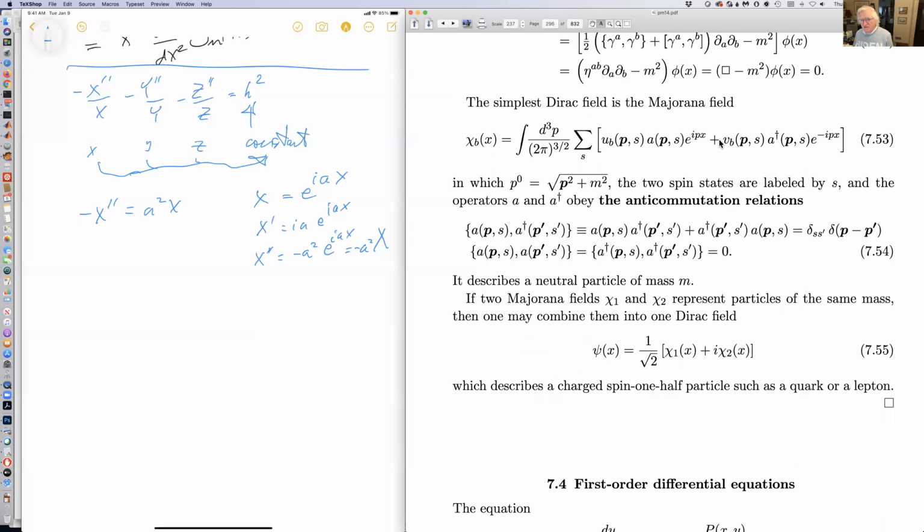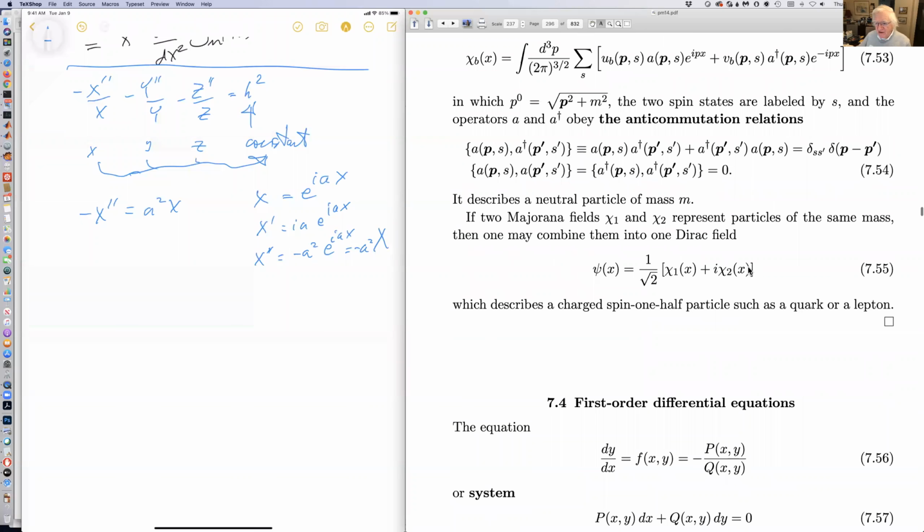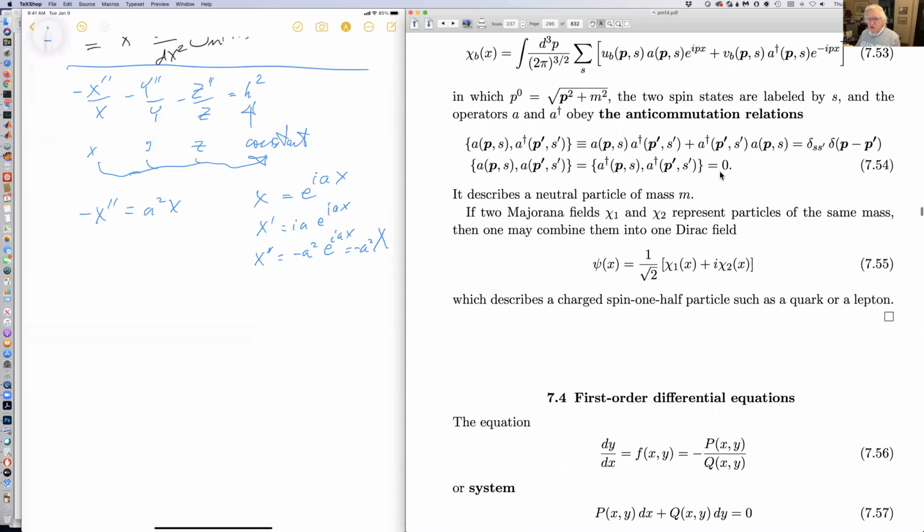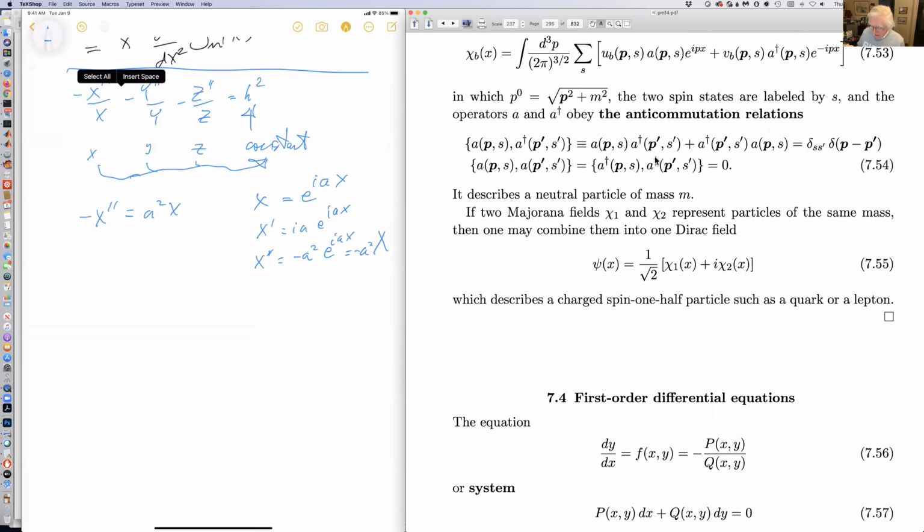If you have two Majorana fields with the same mass, then you can form a Dirac field. And incidentally, these anti-commutation relations, in particular this one, tell you about the Pauli exclusion principle. In other words, what it says is a dagger of p s times a dagger of p s is equal to 0.